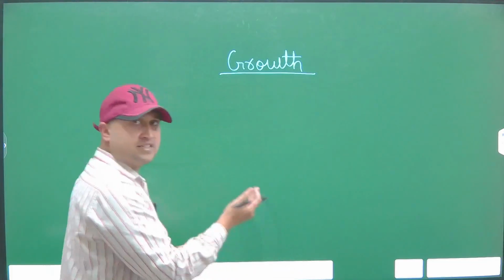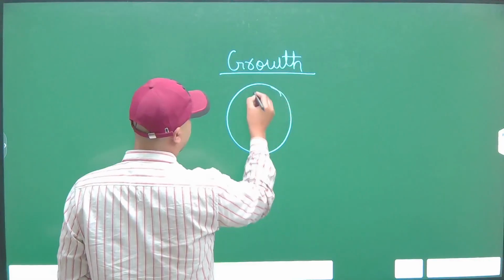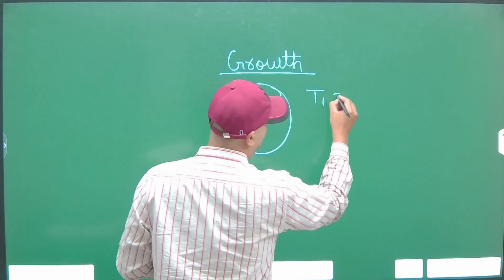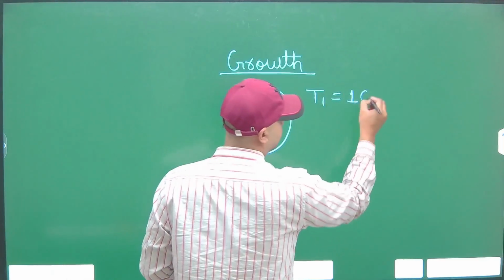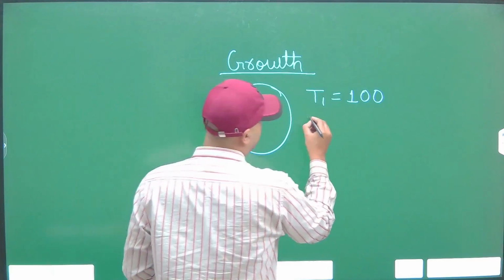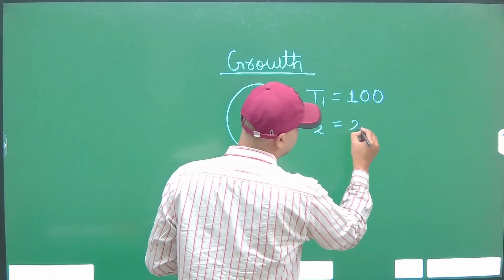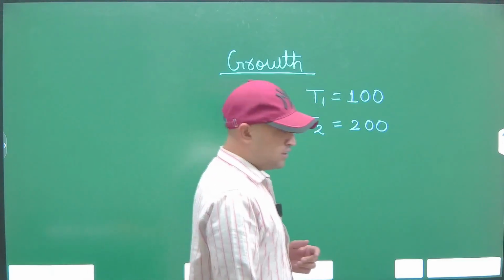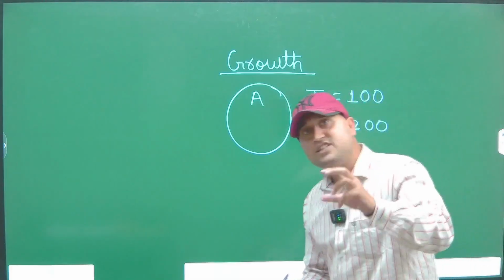In the previous slide, we took an area A, and at a point of time T1, the human population in this area A was 100. Now, suppose at a point of time T2, the population is 200. So population growth means the change in the population.